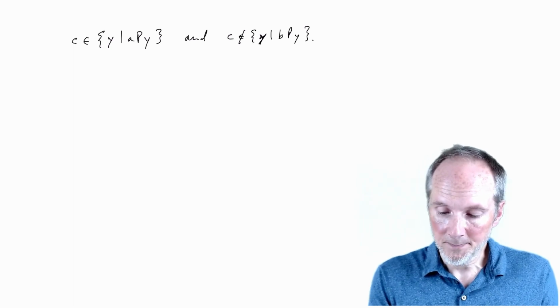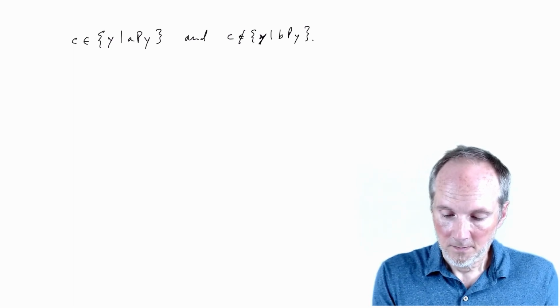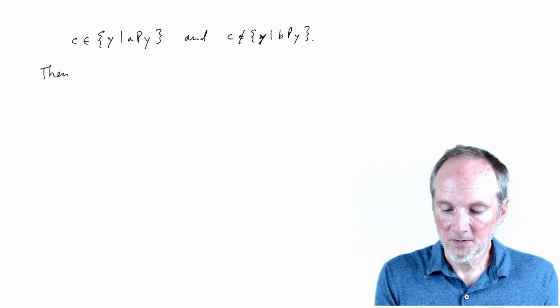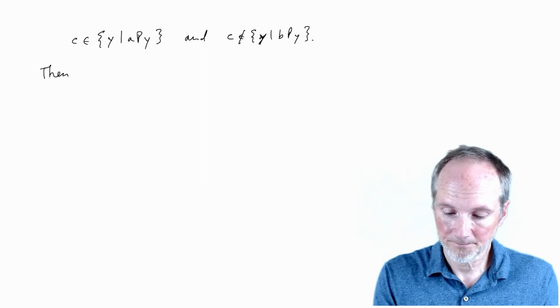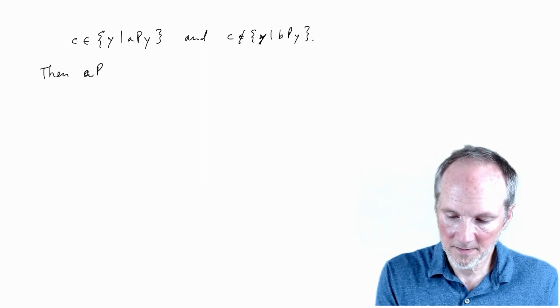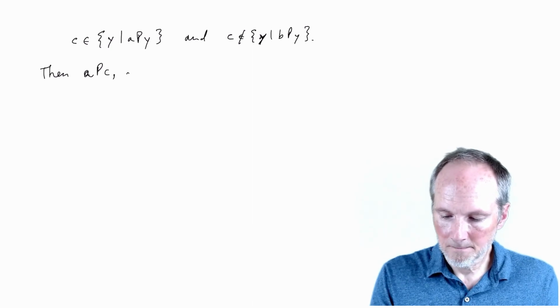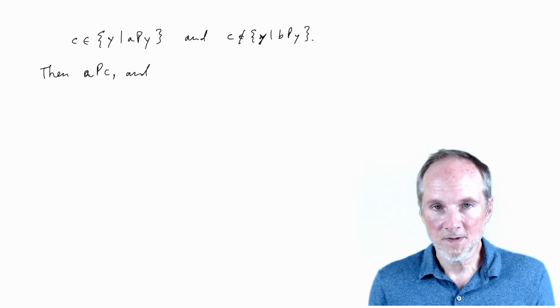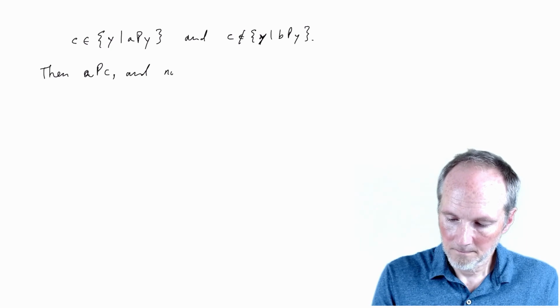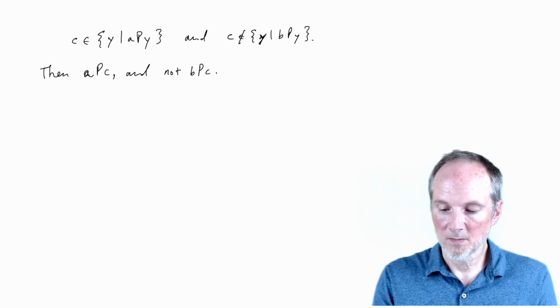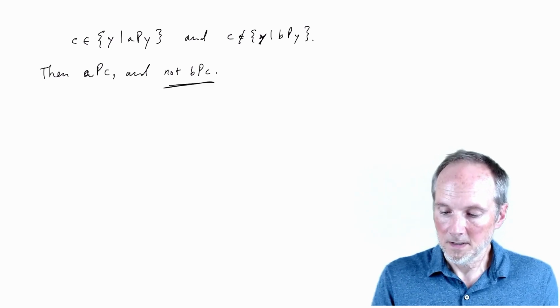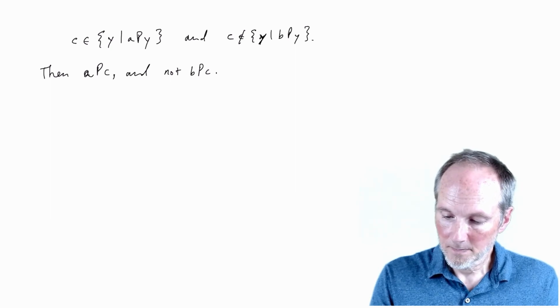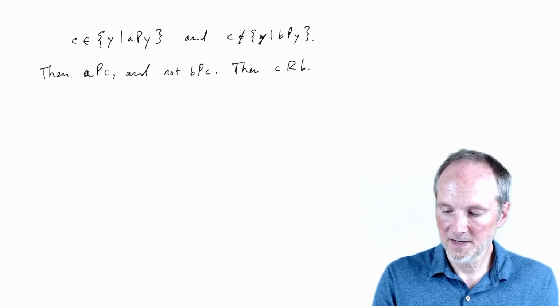All right, so, well, if C is in the first set, that means that it is worse than A. So A is better than C. Since C is not in the second set, that means that it's not worse than B. But that means that C is at least as good as B. Okay, just by definition of weak preference.